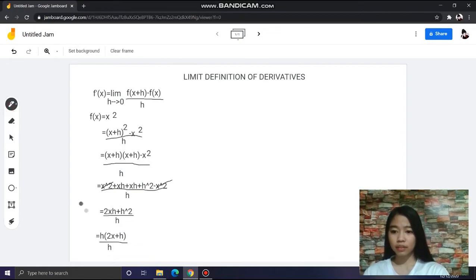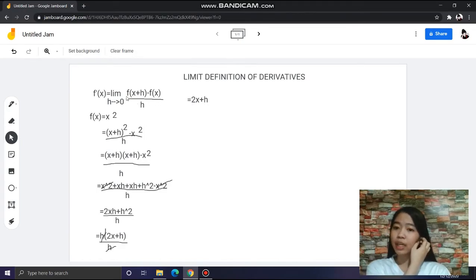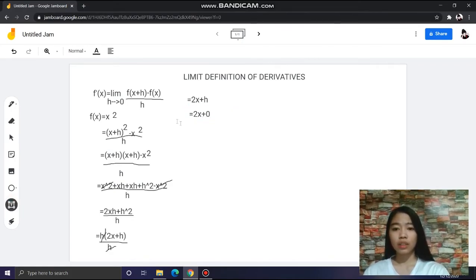So the expression will now be equal to 2x plus h. And since in the formula h approaches 0, let's replace the h with 0. 2x plus 0. So the f prime of x is now equal to 2x. So if the function given is equal to x squared, then the derivative of this function is equal to 2x.